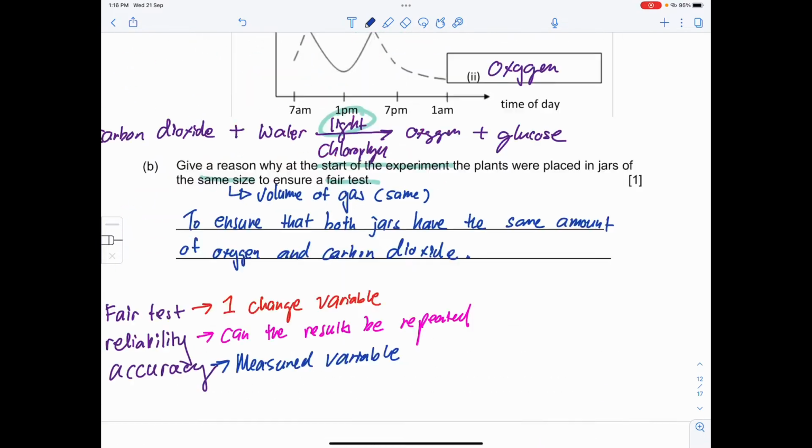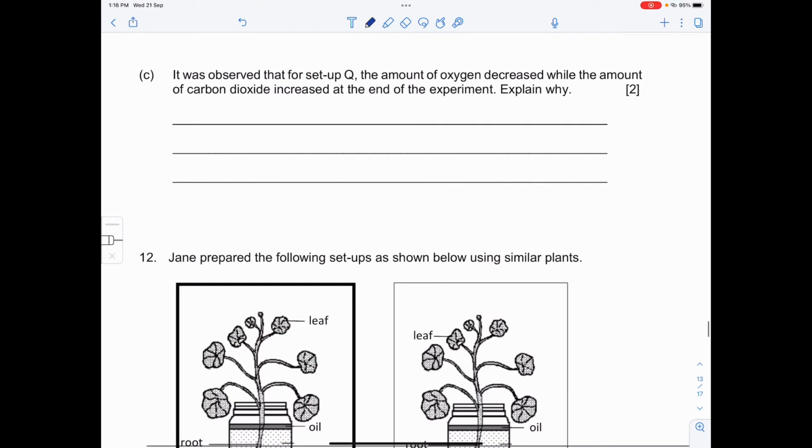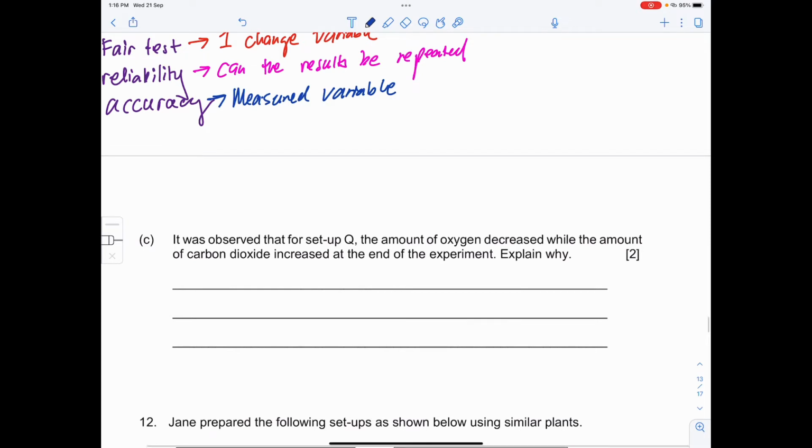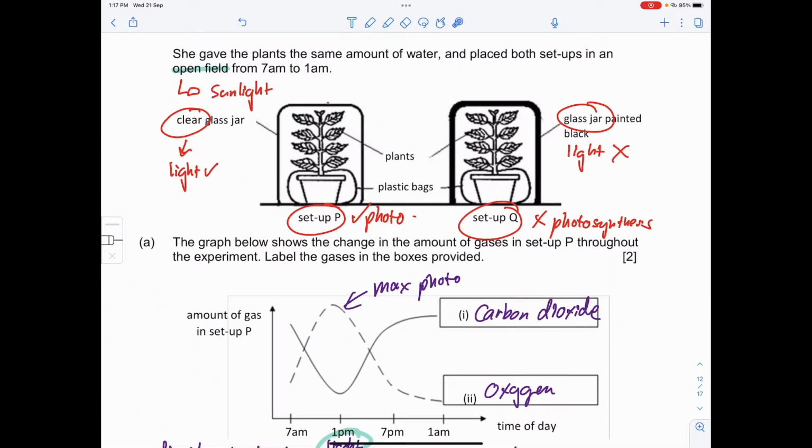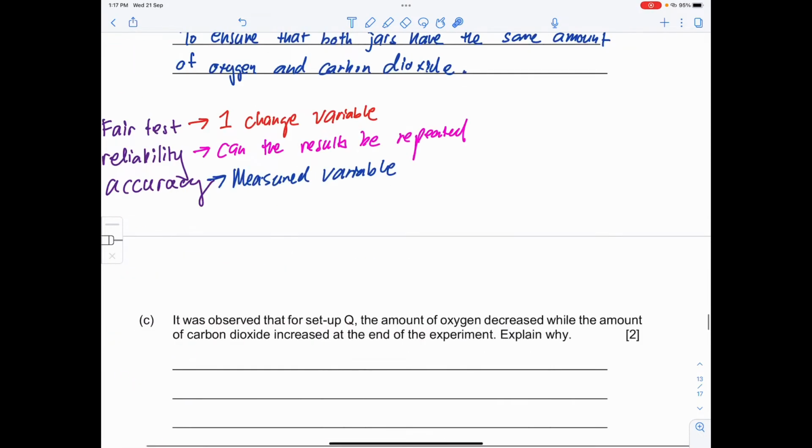Next. It was observed that for setup Q, the amount of oxygen decreased while the amount of carbon dioxide increased at the end of the experiment. Okay? Explain why. Alright? So, very simple, 2 things. Now, they told you setup Q. So you look at setup Q, right? It's got no light. So no light means what? Totally no photosynthesis. Okay?